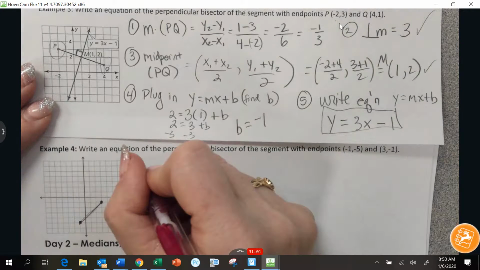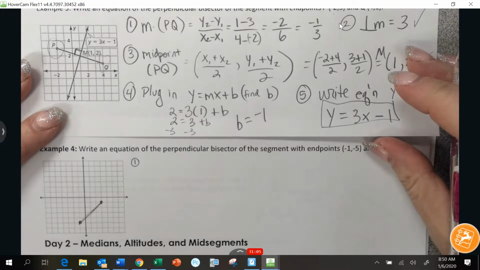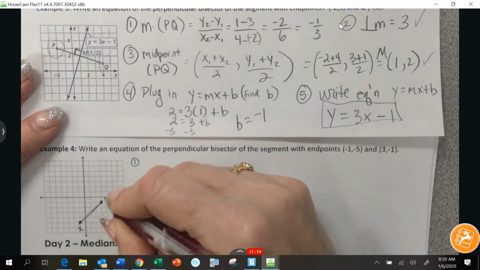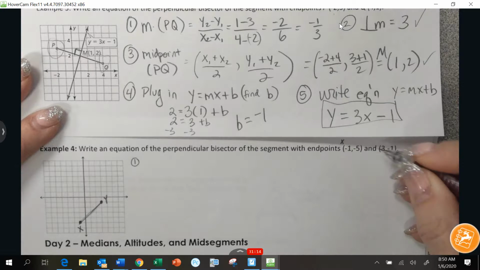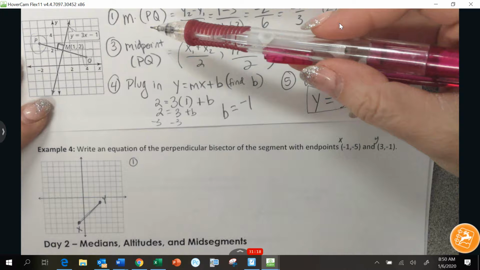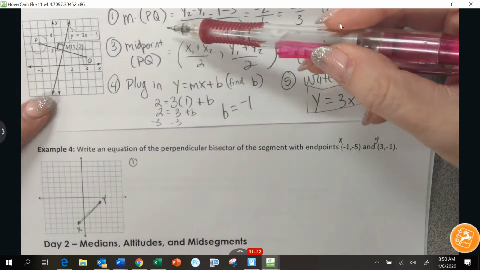So step 1, what should I do? This doesn't have any letters. Let's call it XY, okay? Because that way we know what we're talking about. Step 1, what's m for PQ mean? Does anybody remember lowercase m? What did I write there?